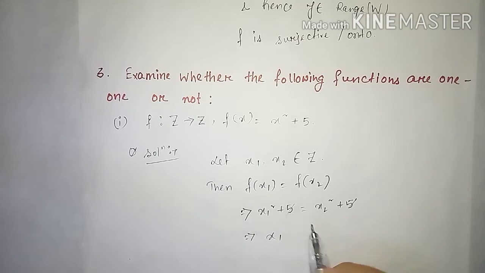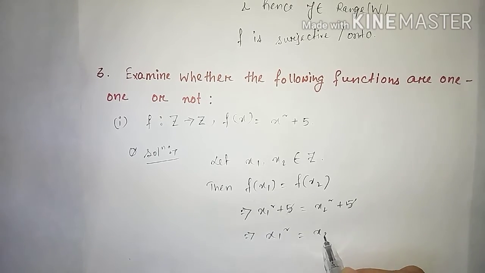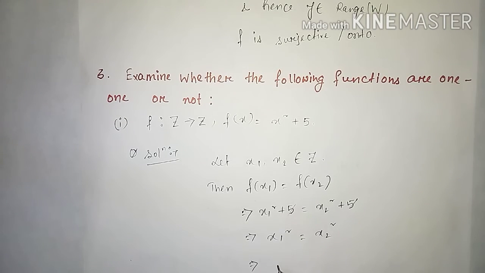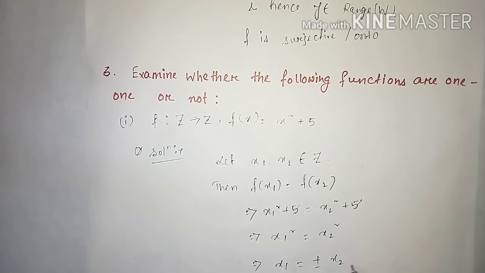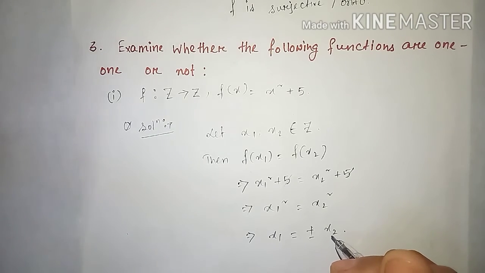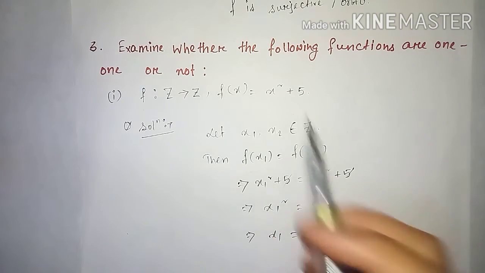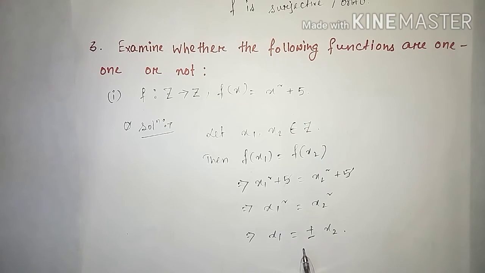We get x1 square equal x2 square. On solving this, we get x1 equal plus minus x2. Since the negative sign also comes, we cannot say that this function f is one-one, because here x1 is not equal to x2 only; x1 equal minus x2 also. Therefore, this function f is not one-one.